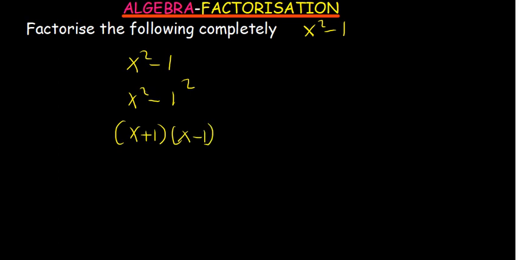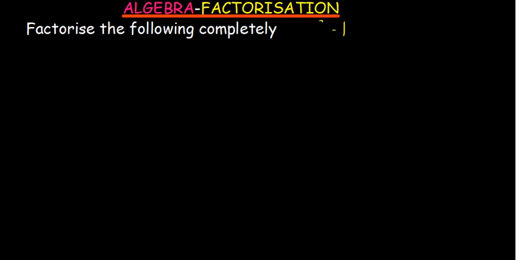So let's say the question is 2x squared minus 8. They say factorize completely. The first thing we are going to do is look for a number that goes into 2 and into 8 without leaving a remainder. What number is that?